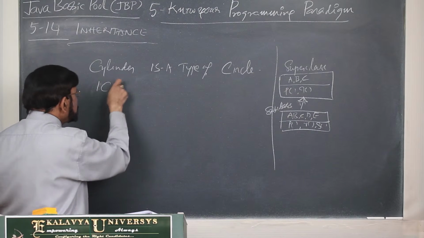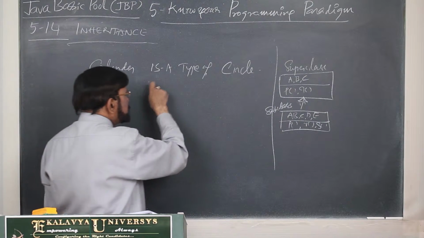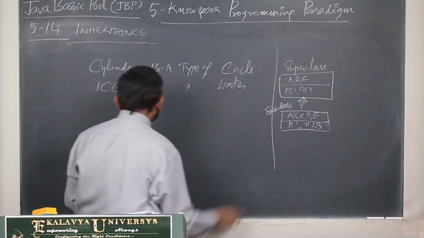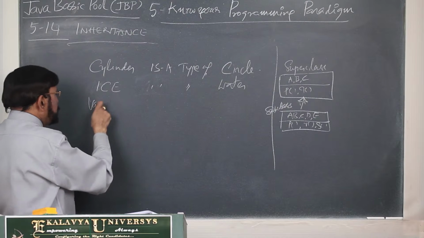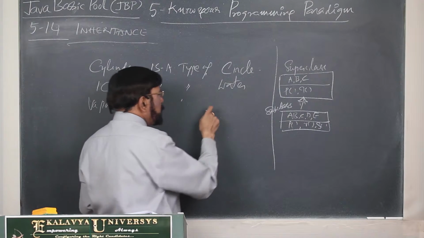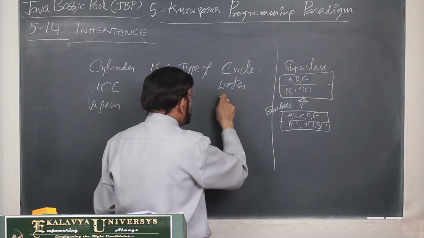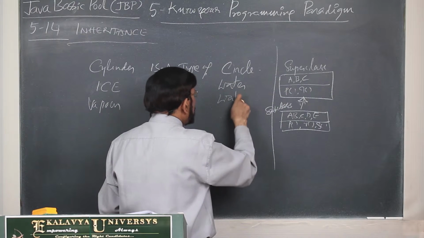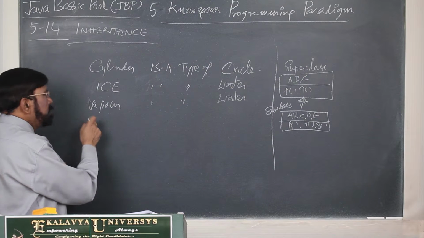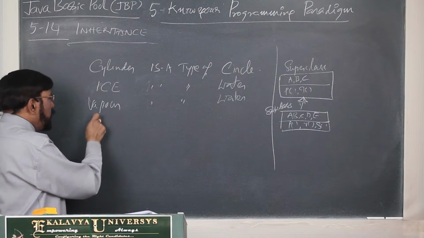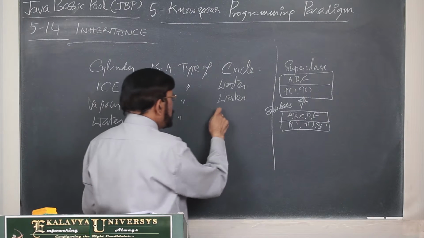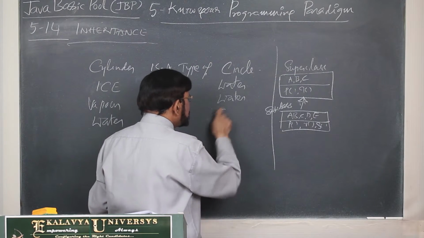Ice is a type of water. Vapor is a type of water. And water is a type of gas.